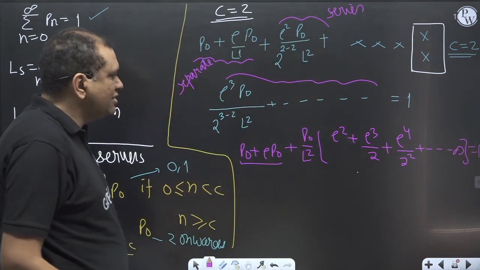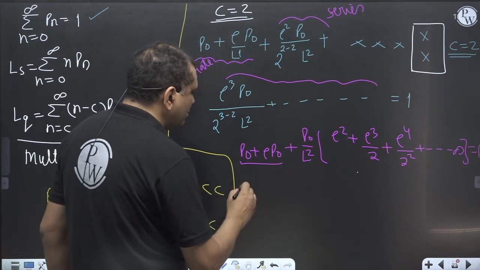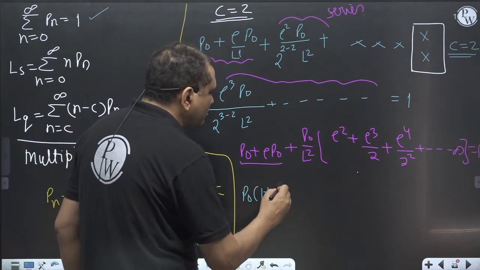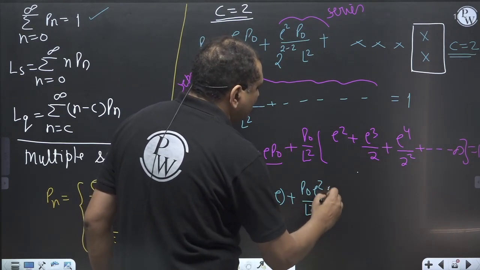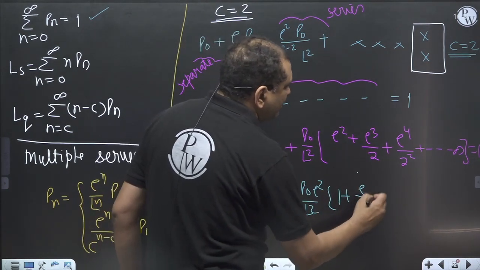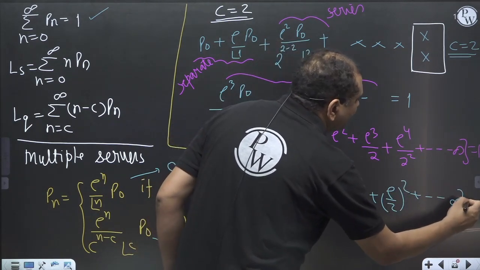Take rho square also common out. P0 (1 plus rho) plus P0 rho square by factorial 2 times (1 plus rho by 2 plus (rho by 2) square, up to infinity) equals 1.